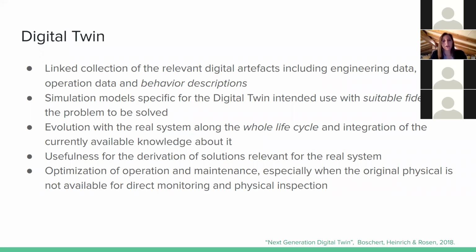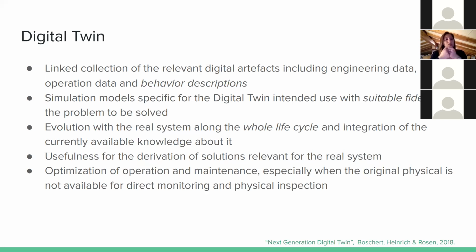Third, and this is a really important thing, your real system will evolve in the design phase, but also after that. So you would like your twin to accompany the object for the whole life cycle. And to integrate it, so anytime you get new knowledge, something new from your real asset, you should integrate that into the digital twin.